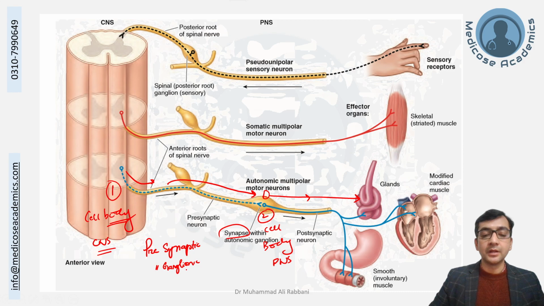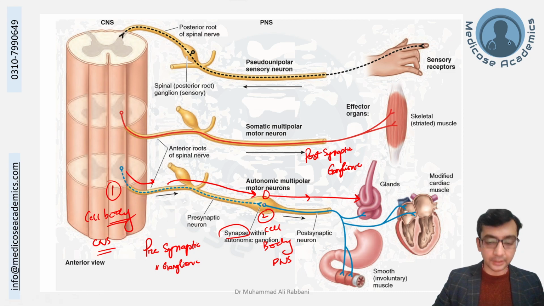See, these are presynaptic and preganglionic, the first one. And the second one, it's very simple. The second one will be thus called postsynaptic or postganglionic. So these are the two neuron system: presynaptic, preganglionic, postsynaptic, postganglionic.